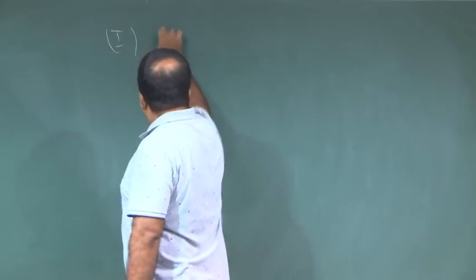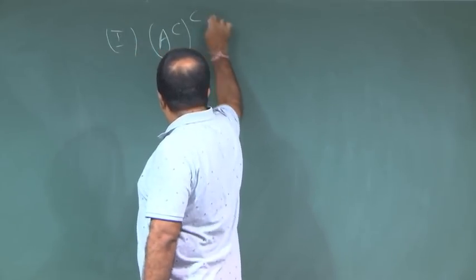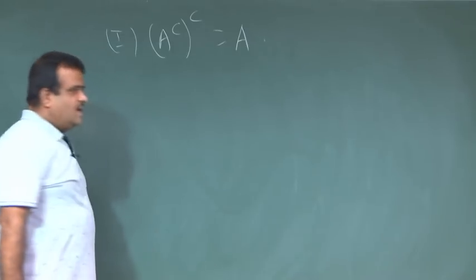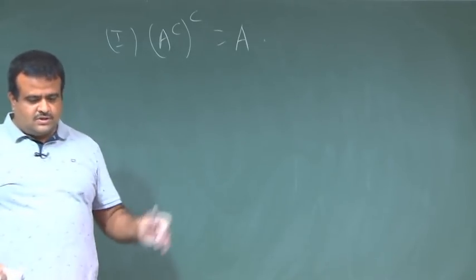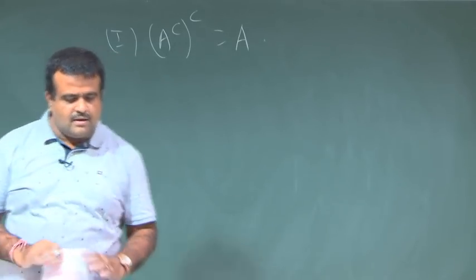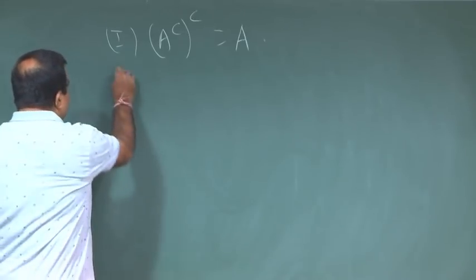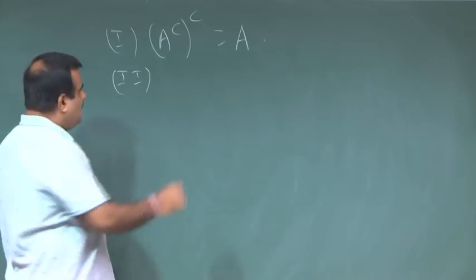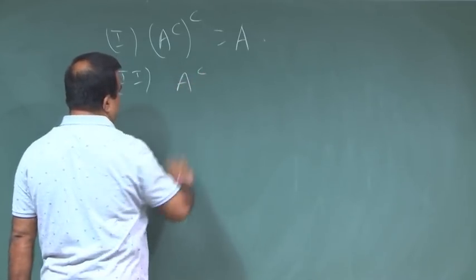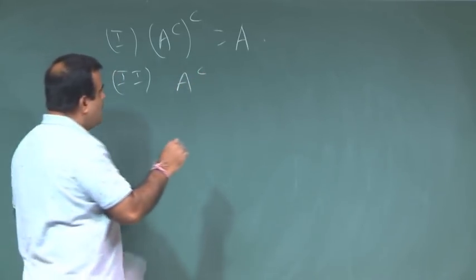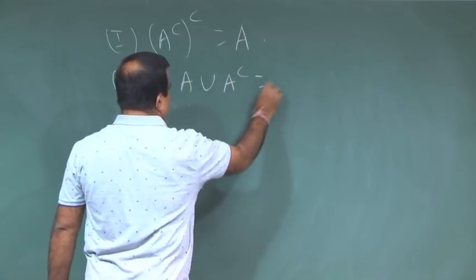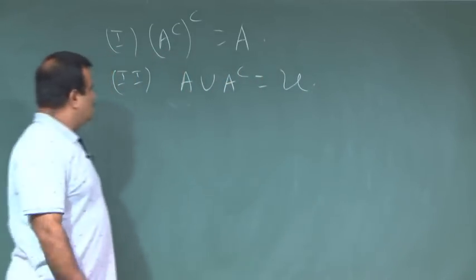So, the first property is that the complement of the complement of A is basically A. This is quite easy to convince or easy to prove. Now, the second property is: if we take the union of A with the A complement, this is the universe.